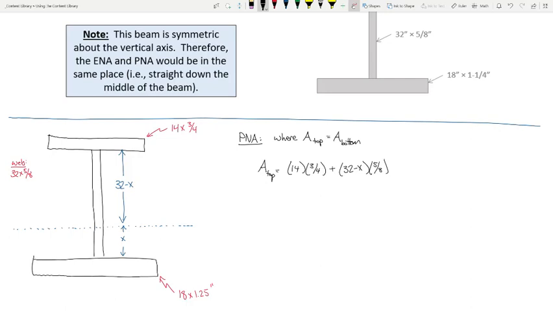So now we got to treat this like it's an algebra problem. So 14 times 3/4 is 10.5, right? And then we got to distribute that. So it's 32 times 5/8. What's 32 times 5/8? 32 divided by 8 is 4, times 5 is 20. Minus 5/8 x. So this is 30.5 minus 5/8 x.